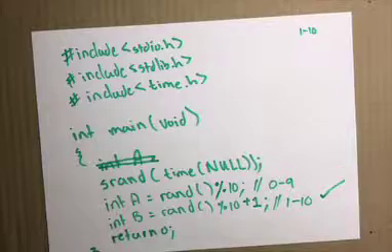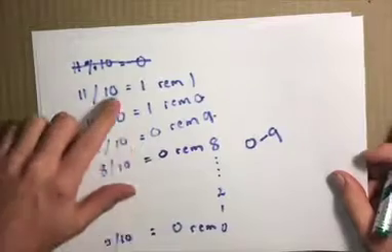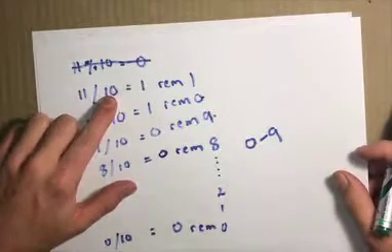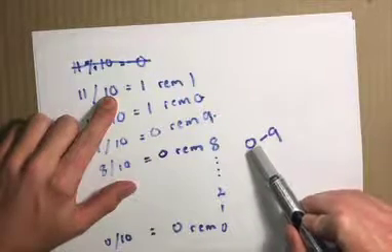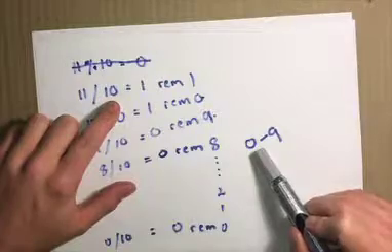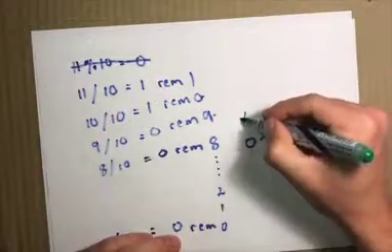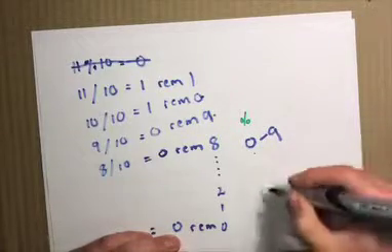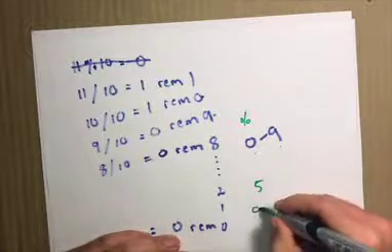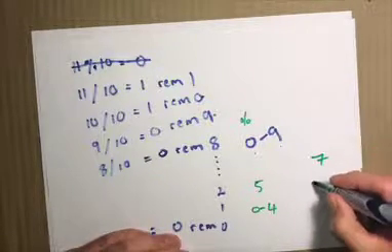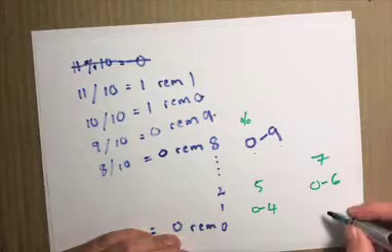We can exploit the fact that if we take a random number and use the remainder after dividing by a certain number, say for instance 10, we will get a number between 0 and 9. If we divide by 5, we will get something between 0 and 4. If we divide by 7, we will get something between 0 and 6.